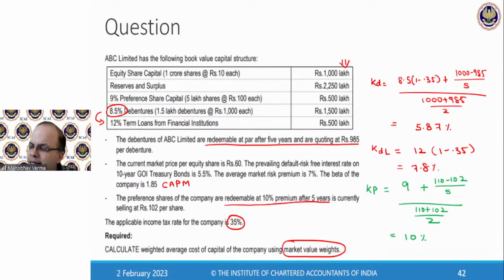So basically we're looking at 10.6 upon 106, all getting 10%. Great.